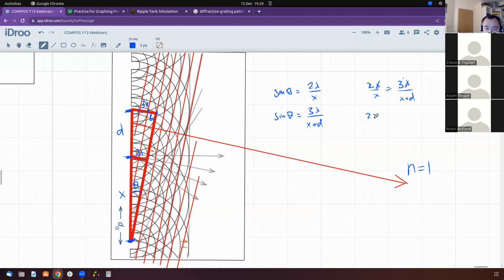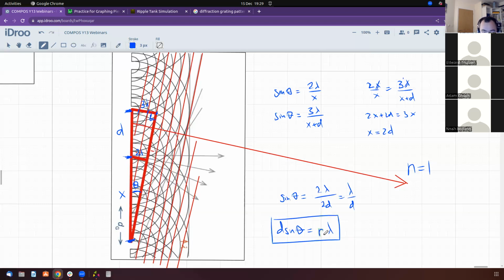I get 2x plus 2d equals 3x, so x equals 2d. So sine theta is equal to 2 lambda divided by 2d, which is lambda over d. So d sine theta equals lambda, which is the formula. It's just missing the n, but n is 1. This is for n equals 1. So we can prove this formula just using these constructions.